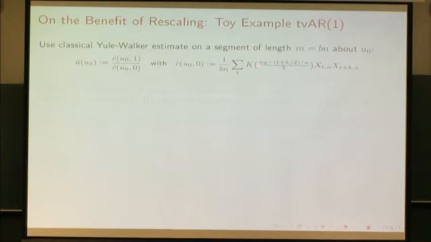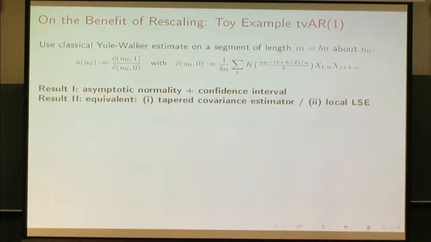The kernel centers it at a certain point, and then it is smooth towards the edges. It's very close to a tapered estimator. You can put weights here and there, and it's very similar.